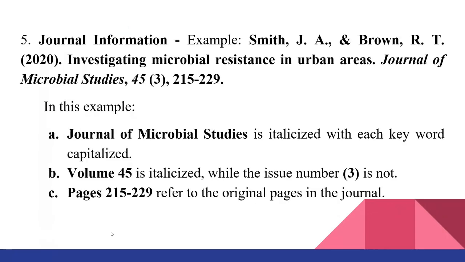Then the next important component of references is journal information. For journal information, follow important guidelines: the journal name should be written in italics and capitalize each significant word. You can see here the journal name has been mentioned in italics.